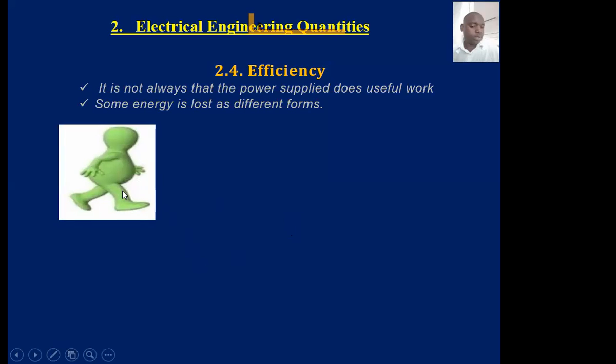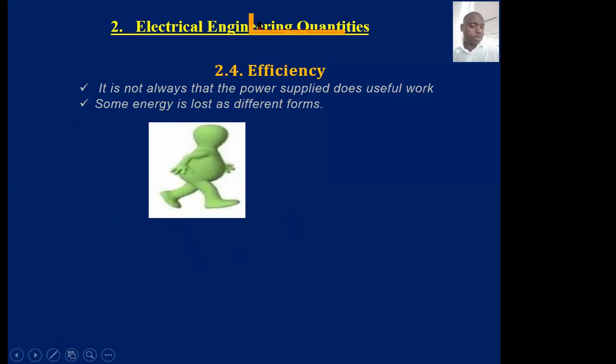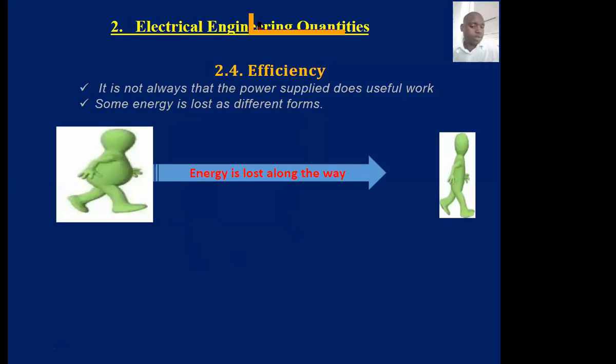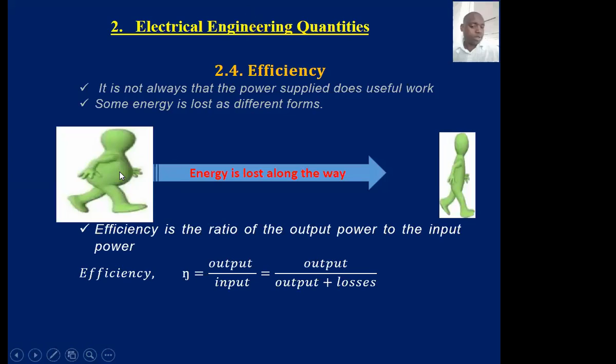Then as we move through the circuits, power is lost, right? So what is efficiency now? Efficiency will be what you get as the output over what you've put as the input. So it will be this over that. That will be your measure of efficiency of the system.